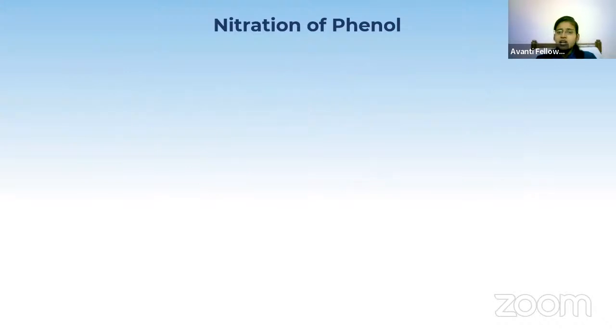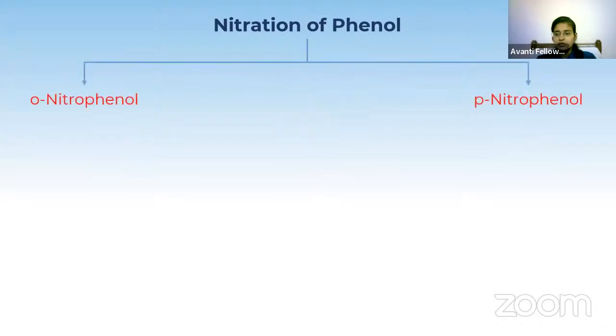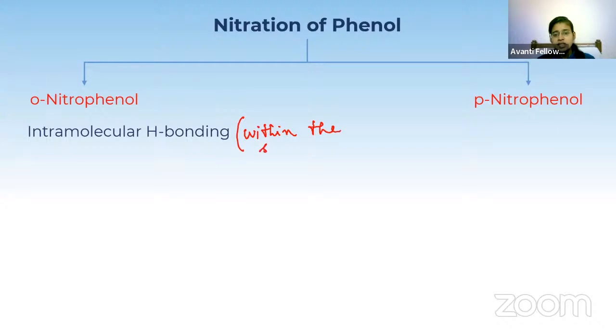Now we are going to discuss the products that we got from the previous reaction, that is ortho-nitrophenol and para-nitrophenol. In the case of ortho-nitrophenol, there is intramolecular hydrogen bonding. What is meant by intramolecular? If hydrogen bonding is formed within the same molecule, it is called intramolecular.